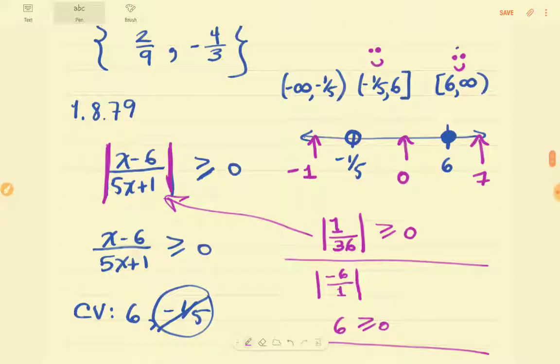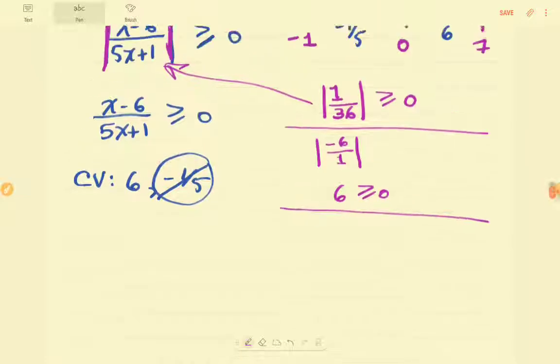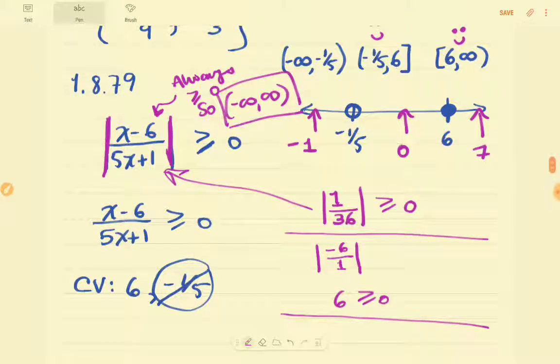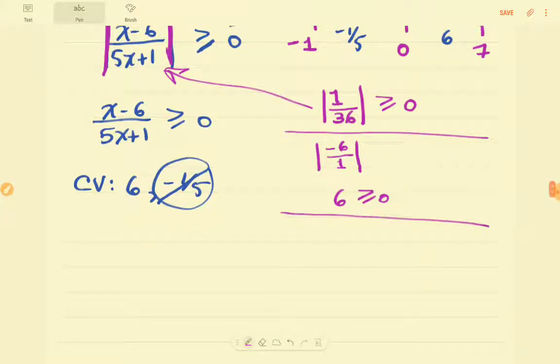If we are aware enough, we would notice this right away, that it's always greater than or equal to 0. So it's all real numbers is the answer, right? But I'm just going to continue going on, because if it wasn't one that is always true, it would be interesting. This is how you would approach it.